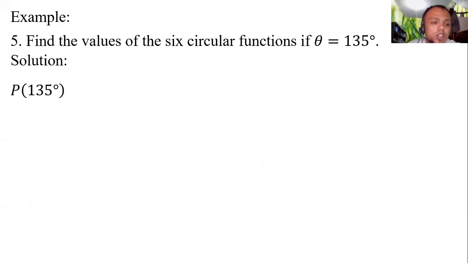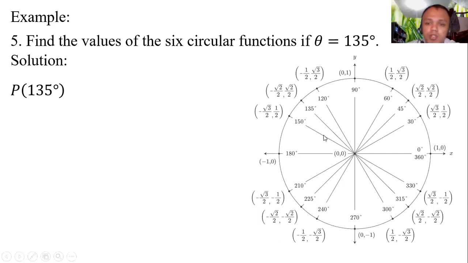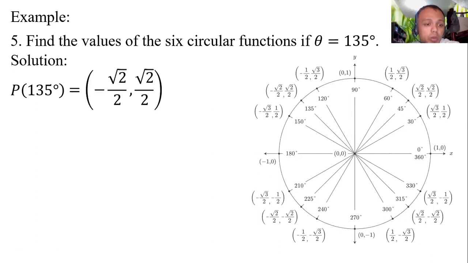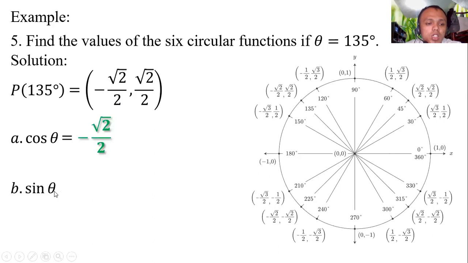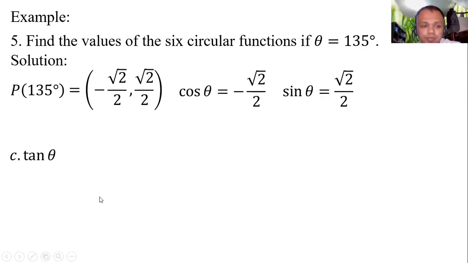135 degrees, no? Ito yung unit circle natin. Hanapin natin si 135 degrees. We have negative square root of 2 over 2 and square root of 2 over 2. Ito yung coordinates niya, no? Then cosine theta here is negative square root of 2 over 2. Sin theta here is square root of 2 over 2. Okay, yan.